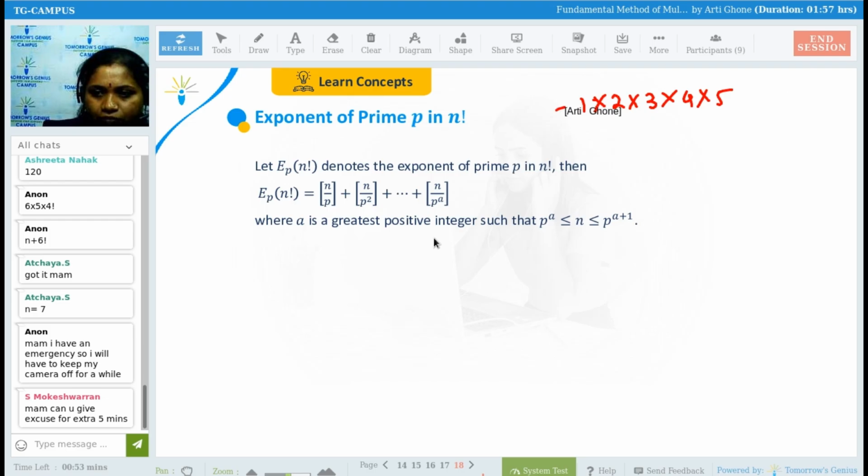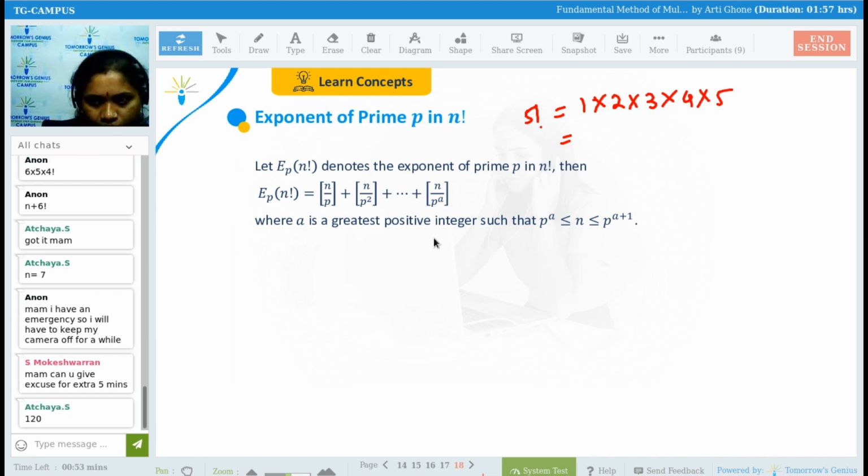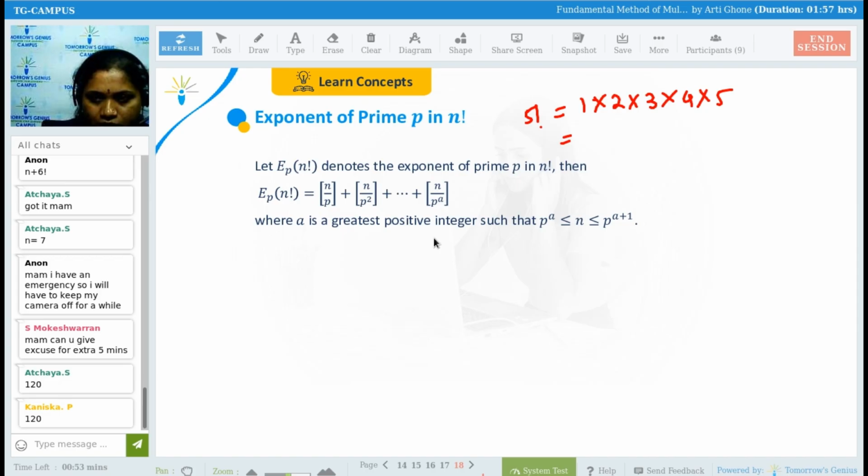What is the answer of 5 factorial? 5 into 4 is 20, 3 into 2 is 6, 20 into 6, 120. Clear? Now, if I ask you what is the power of 2 in 5 factorial, what will you answer? 1.